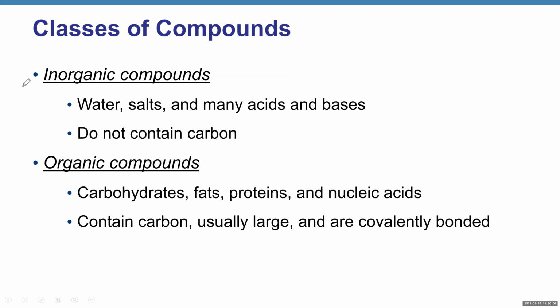So we have inorganic compounds that do not contain carbon, maybe with some exceptions like carbon dioxide. That's considered to be an inorganic compound. For example, water, salts, many acids and bases, and organic compounds that contain carbon. They're usually large, and atoms are covalently bonded. Another definition for an organic compound would be that they have carbon and hydrogen.